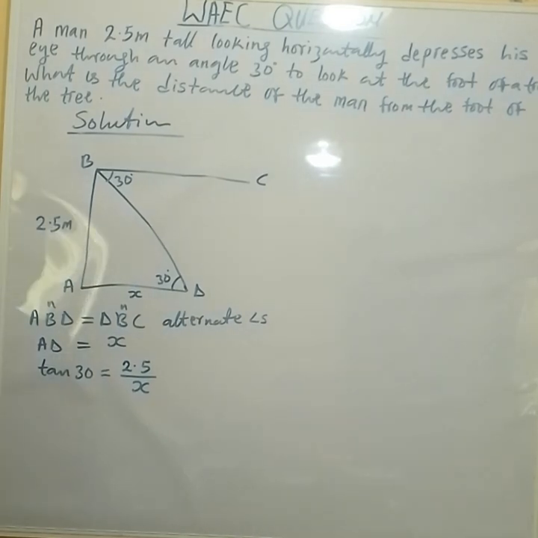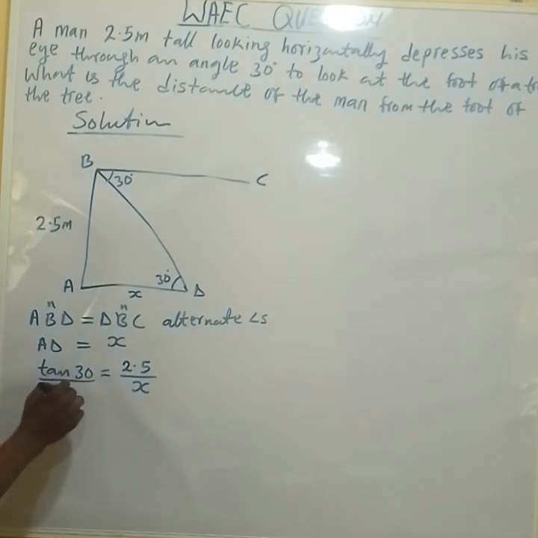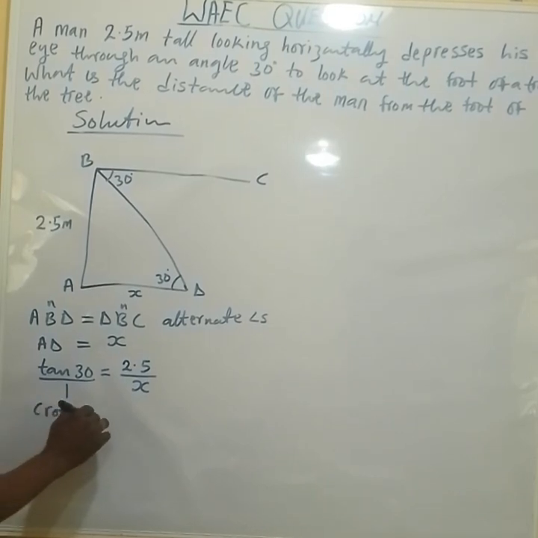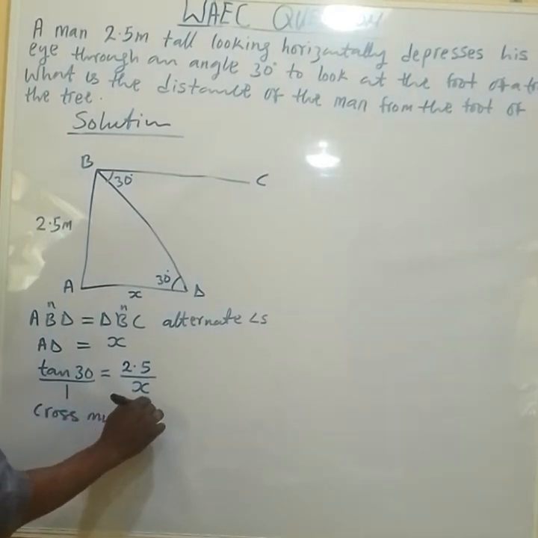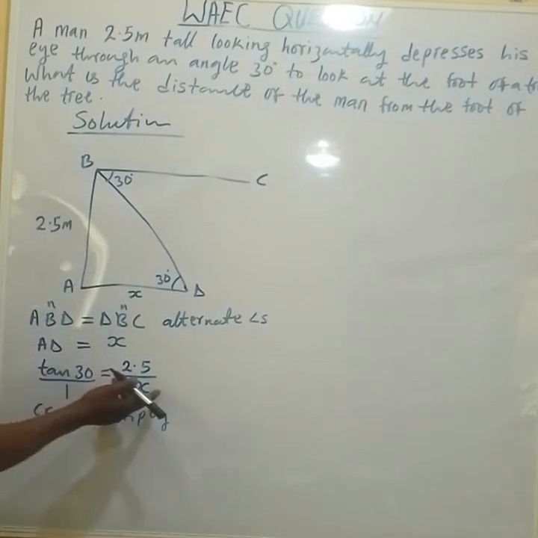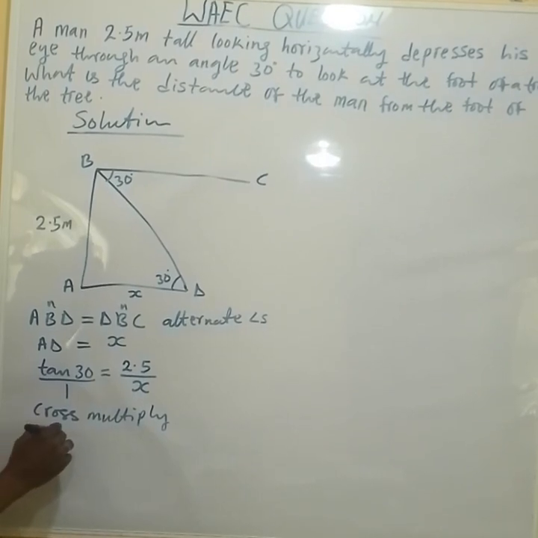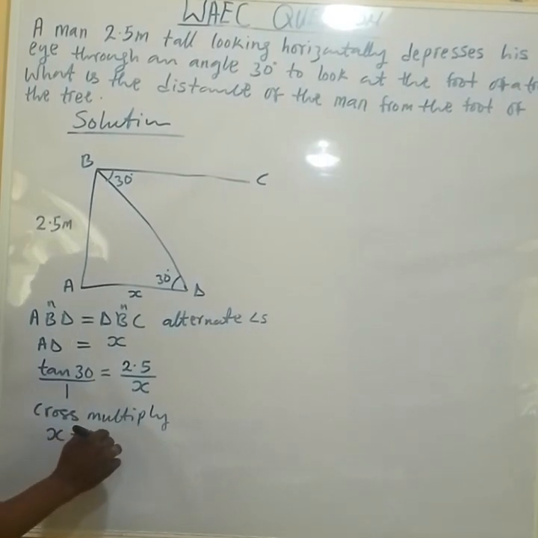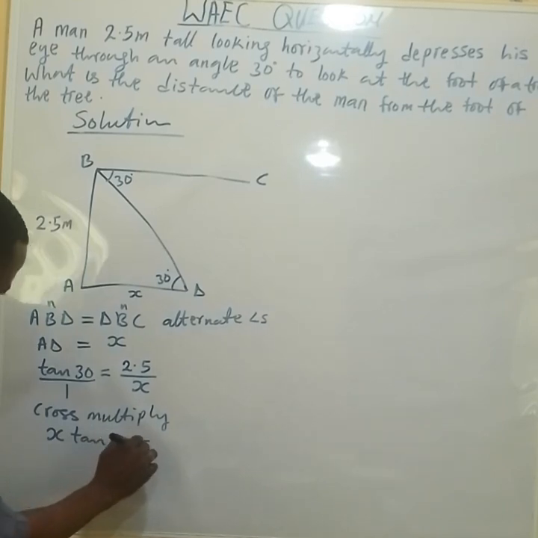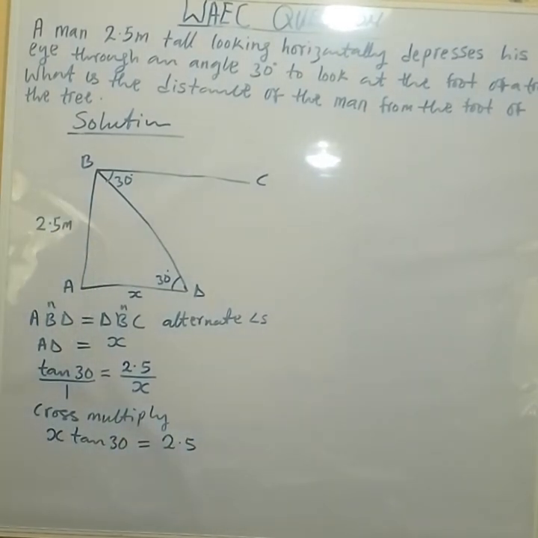Are we together? Now you have it like this. The next thing you are going to do is to cross multiply. You assume that there is an invisible one here, then cross multiply. Tan 30 degrees times X gives X tan 30 degrees equals 2.5.